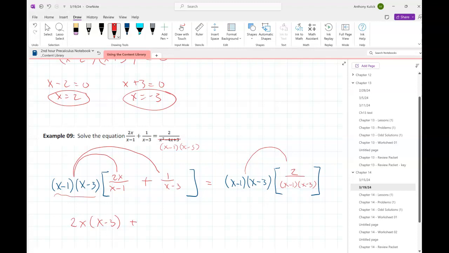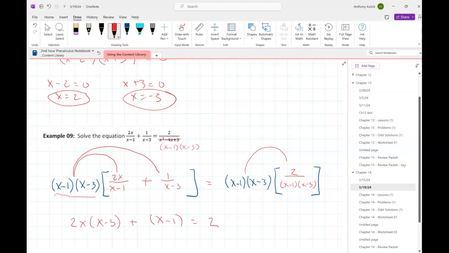Okay, let's try to finish this one up. So when I multiply x minus 1 times x minus 3 to 1 over x minus 3, what do I get? I get x minus 1. And then what do I get when I multiply x minus 1 times x minus 3 to 2 over x minus 1 times x minus 3? Just 2.